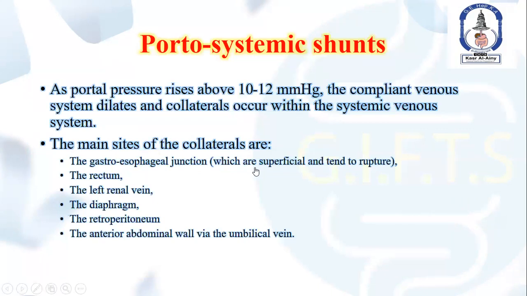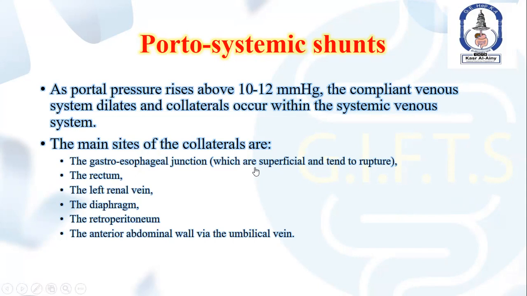Okay, due to that, the portal pressure will be elevated above 10 to 12 millimeters of mercury, and the compliant venous system will dilate and collaterals will start to form, called portosystemic collaterals. The portal pressure is elevated, so it tries to convey this pressure into the systemic circulation.